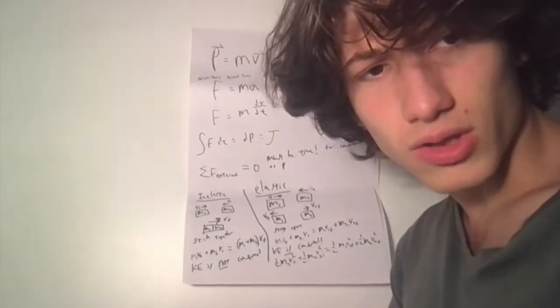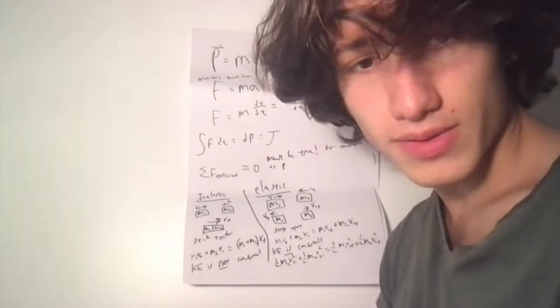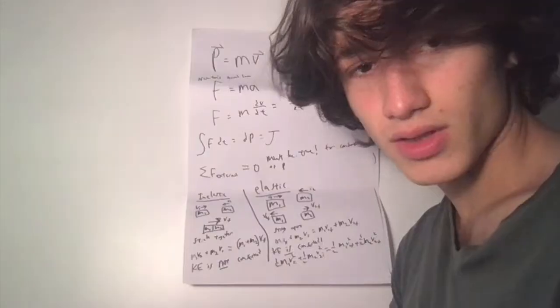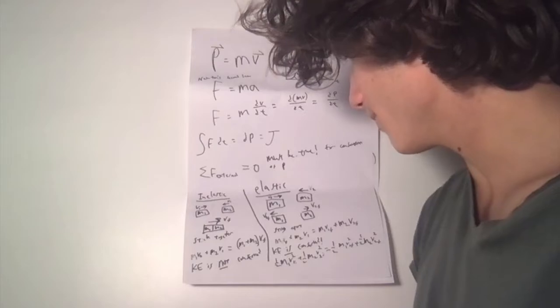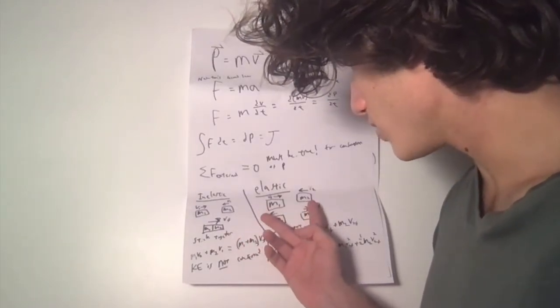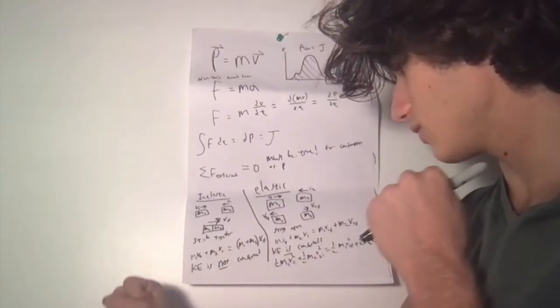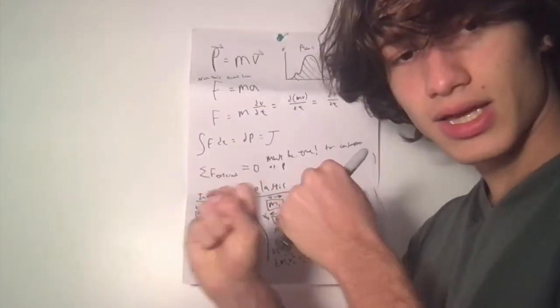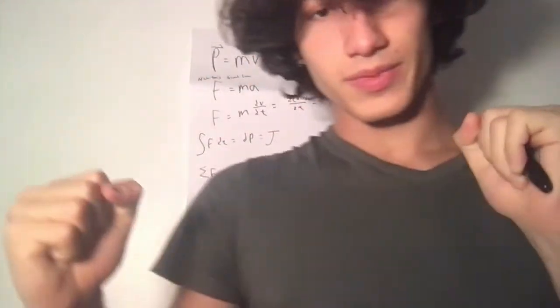Elastic collisions are a little bit different. Well, you could say they're the opposite of inelastic collisions. So let's model the same situation again. We have our mass 1 and our mass 2. They're traveling at two velocities towards each other, and they collide. Now notice that in an elastic collision, instead of sticking together, the collision is instantaneous and they bounce off one another.